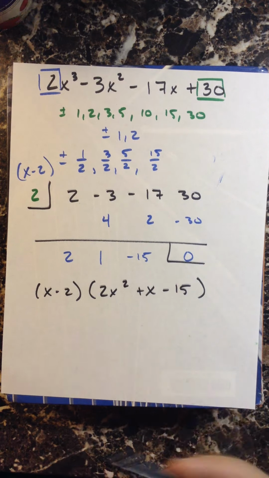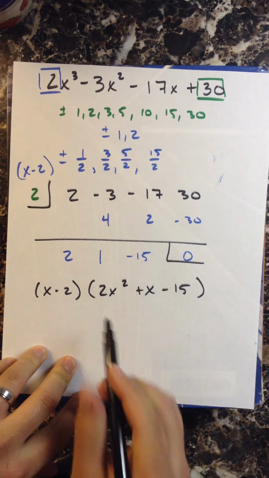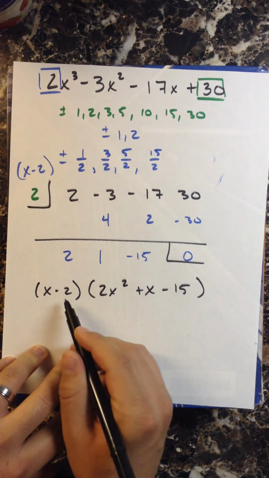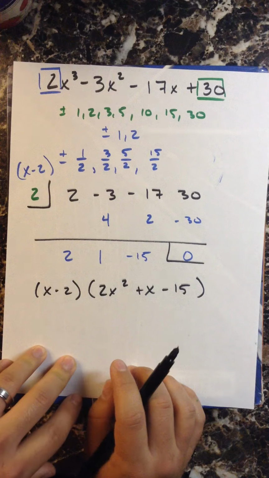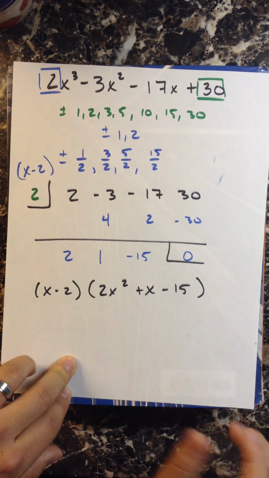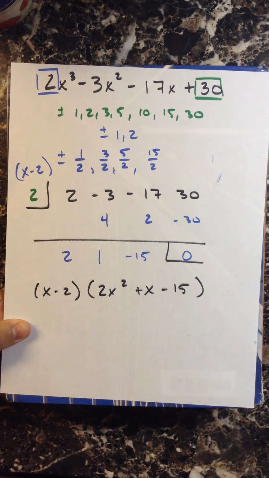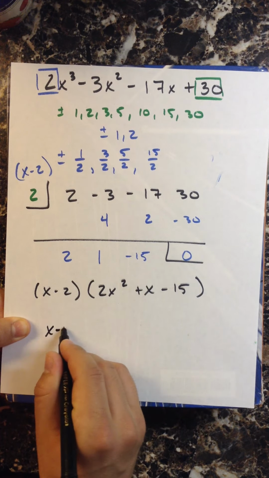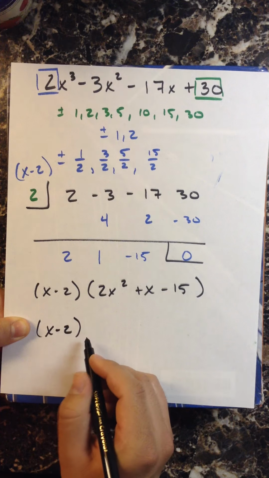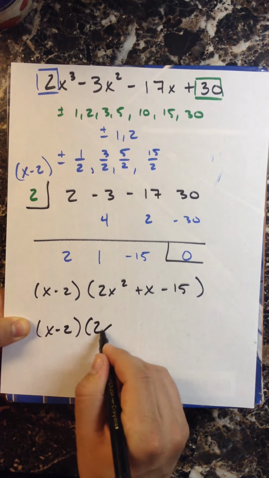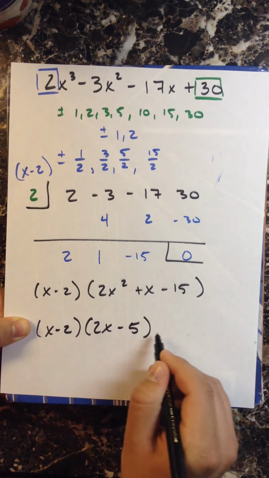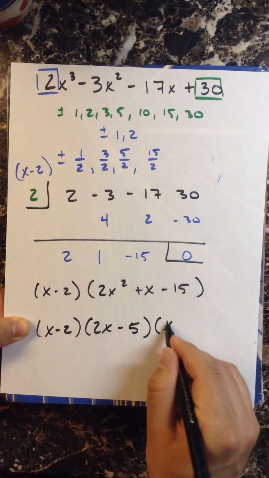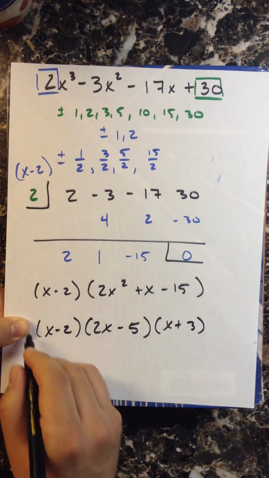The only real difference here from what we've been doing is now we have a leading coefficient again, so we have to use the Berry method. But again, you guys have done that, you know how to do that, so I'm just going to give you the factors so you can check yourself if you like. So we'll carry down the x minus 2, and our two factors will be 2x minus 5 and x plus 3.